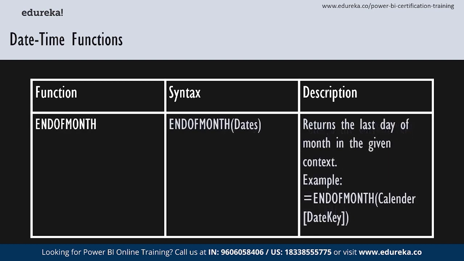Now, the last one I want to discuss is not just a date time function, but also a time intelligence function. What a time intelligence function does is enable you to manipulate data using time. This includes dates, months, quarters, and years, and you can then build and compare calculations over those periods of time.